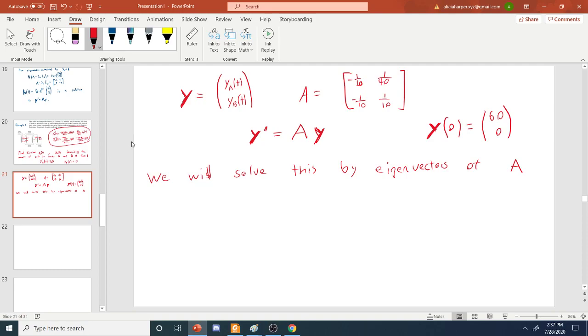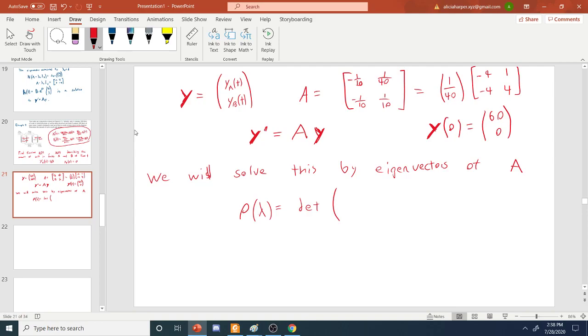Well, what I have to do is look at P of lambda, and this is going to be equal to the determinant of, let us note that this right here is the same thing as 1 over 40 times negative 4, 1, and 4.